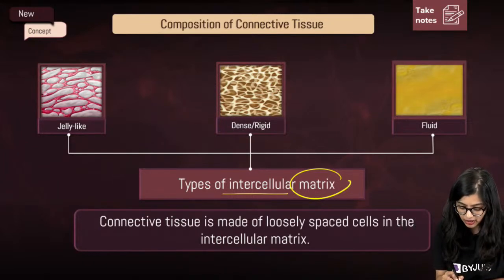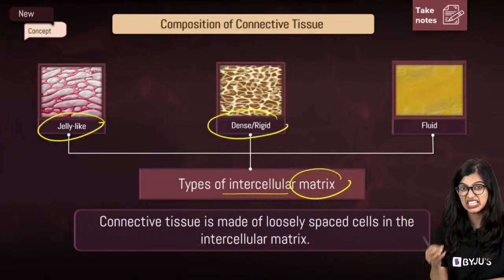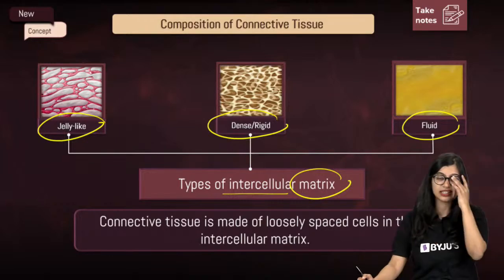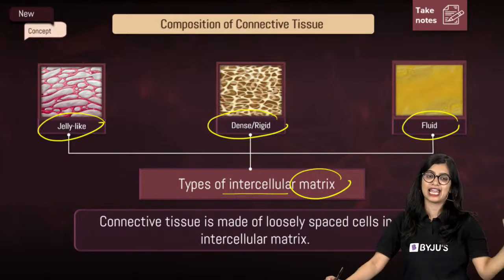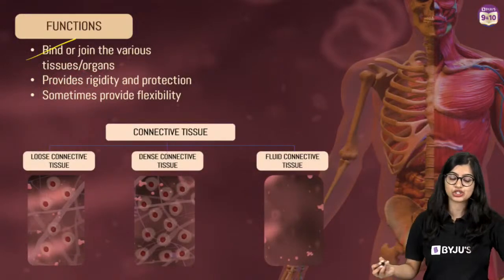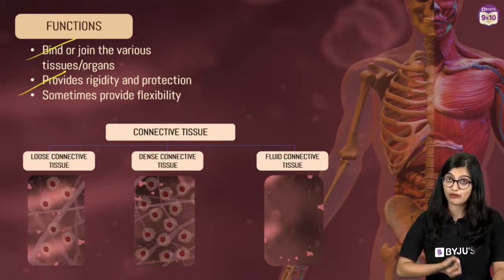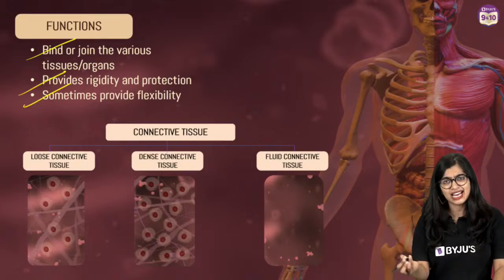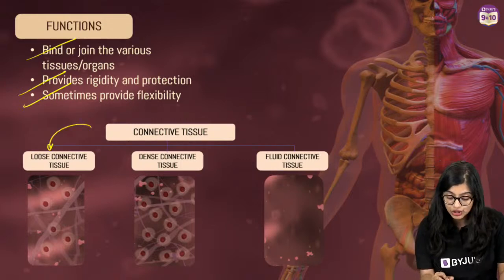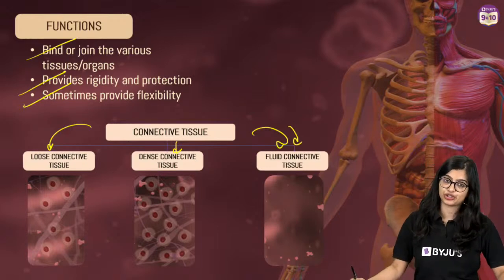In this particular case, this matrix can be jelly-like, it could be very dense, or it could be very fluid, which is why, based on this, we have different types of connective tissue. So what did we learn? Connective tissues are those which bind or join different parts of our body together, provide a certain framework, and at times can provide some flexibility. Broadly, we tend to have loose connective tissue, dense connective tissue, and fluid connective tissue, right?